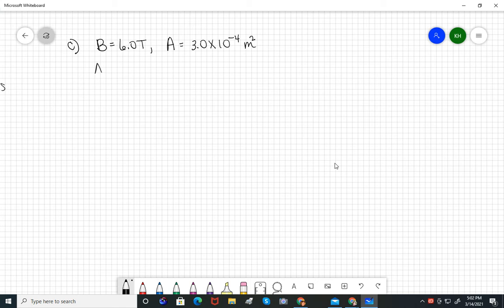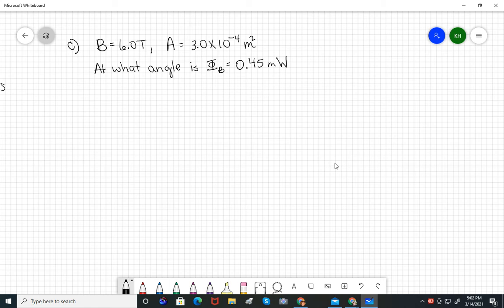And it says, at what angle is the magnetic flux equal to 0.45 milliwebers? So in other words, at what angle are we going to get half of the flux we had before?